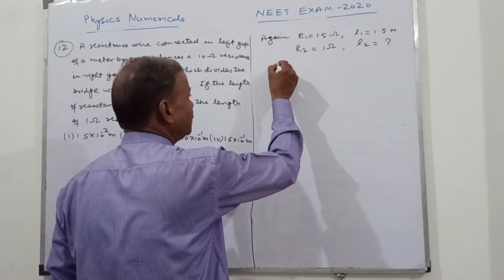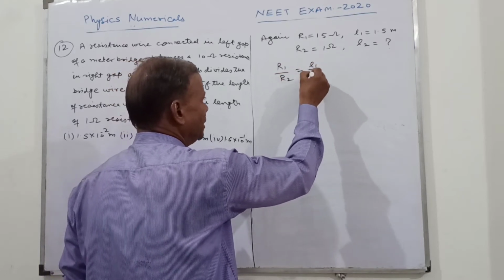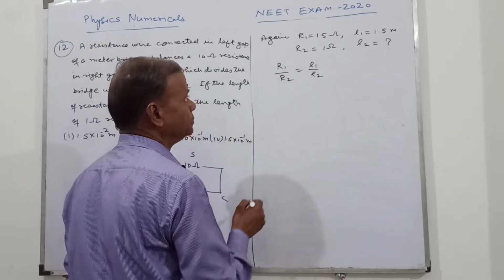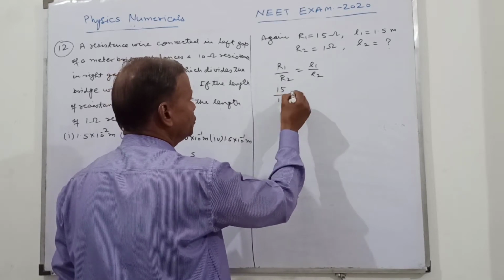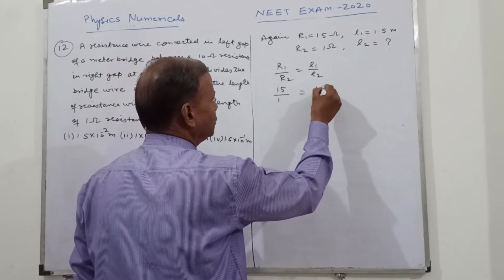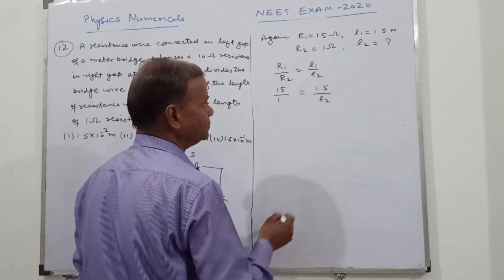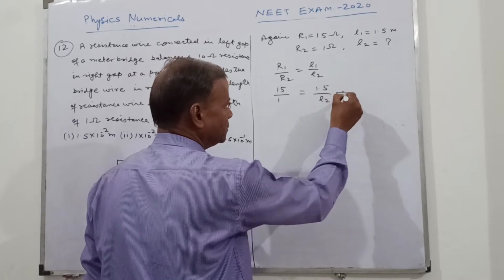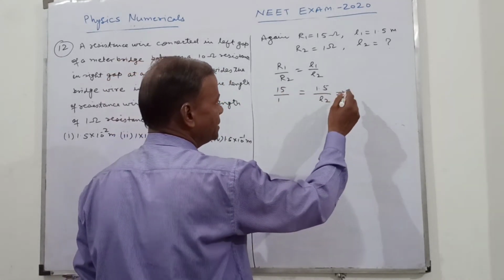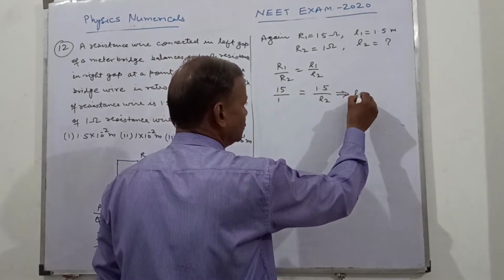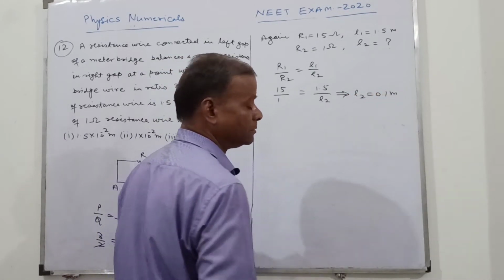So now we apply the simple formula R1 upon R2 equal to L1 upon L2. R1 is your 15, R2 is your 1, L1 is 1.5 and L2 you have to calculate. So this will be, 15 will cancel, 0.1 is here, so L2 is 0.1 meter.